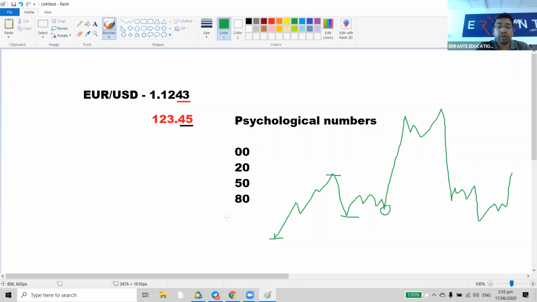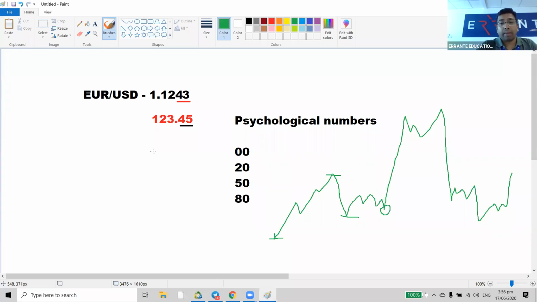This is a very simple experiment you can do when you trade Forex. On a real account, you can go back to your history and look at all your losing trades. Most of the time, your losing trade was at the wrong entry price or wrong exit price as well. Most of the time, the entry price is too close to one of the psychological numbers.